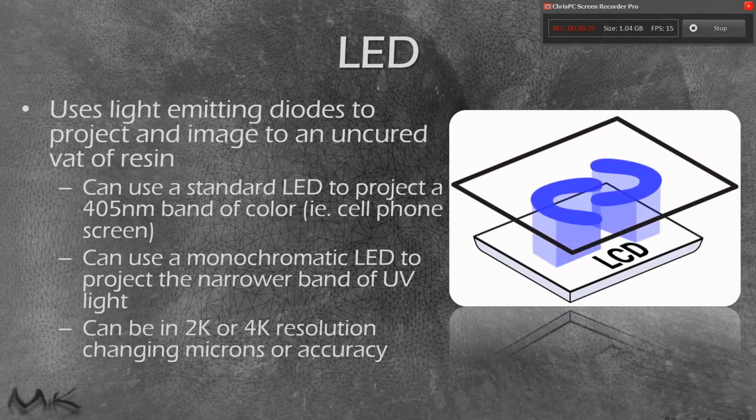With newer LCD technology being even cheaper, we went from 2K to 4K resolution on some of these printers. They can be very fast prints when they're monochromatic because it's a very efficient process, and with 4K accuracy, we can have accuracy less than 50 microns.